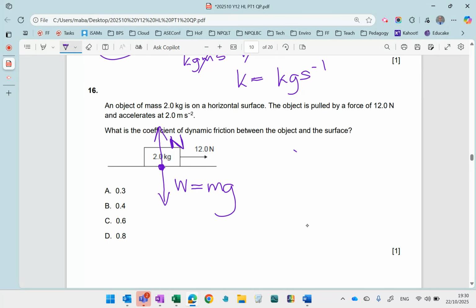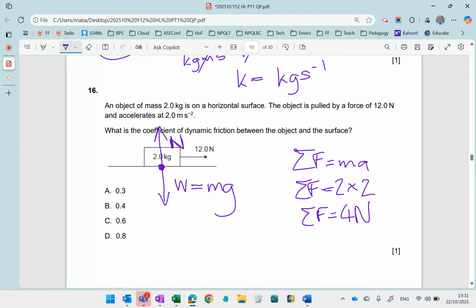So we know that from sigma F equals ma, for a mass of 2 kilograms, if it accelerates at 2 meters per second squared, there must be a resultant force on it of 4 newtons.